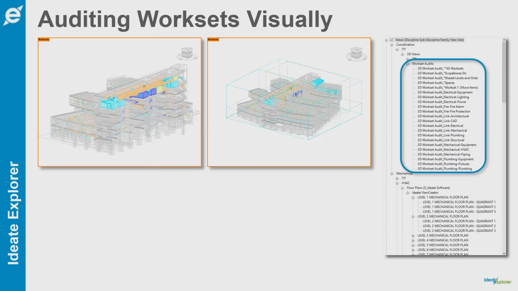A lot of offices do create working views and drawing views, and even part of those may be QA/QC views. And so I do like to have views set up that help me do some basic auditing. And those may be views that are configured to filter out certain types of data.